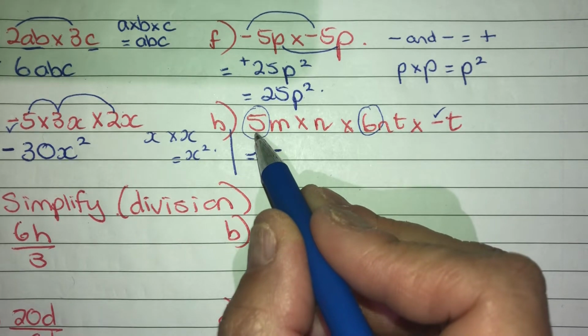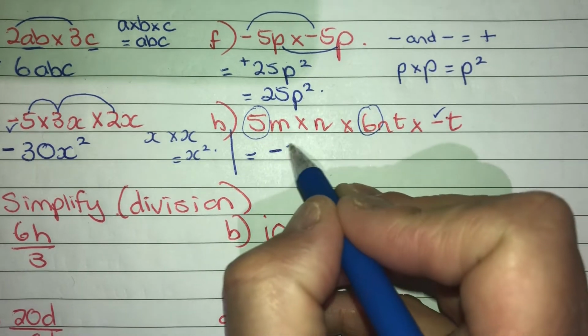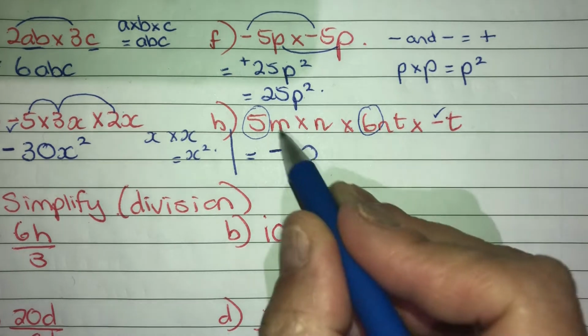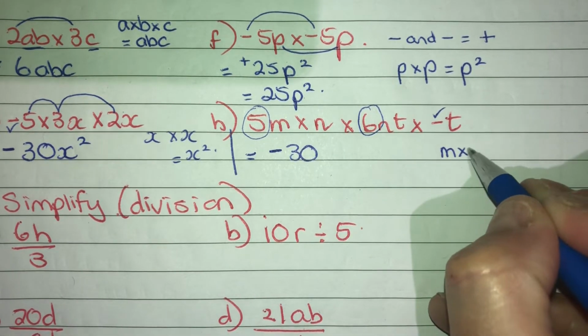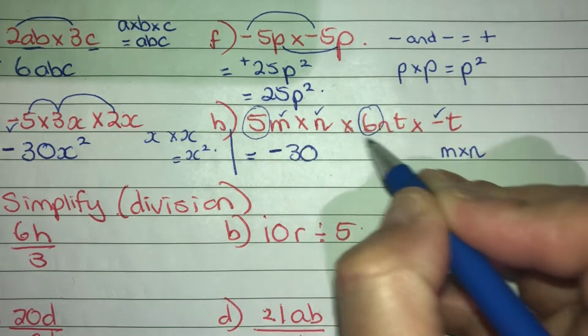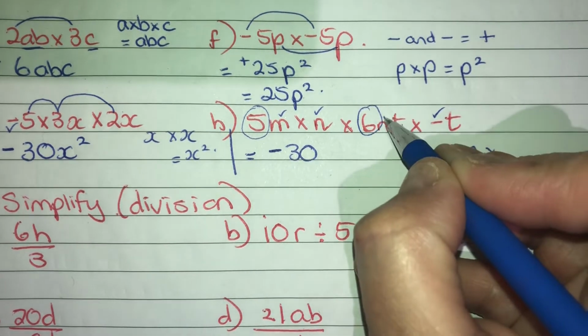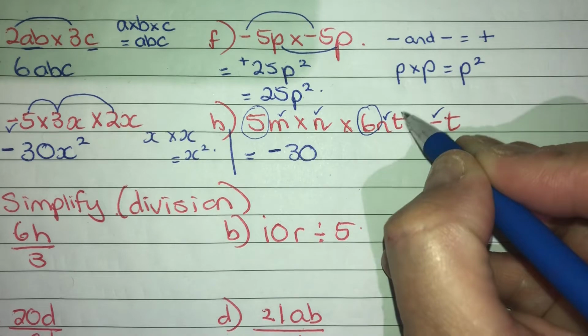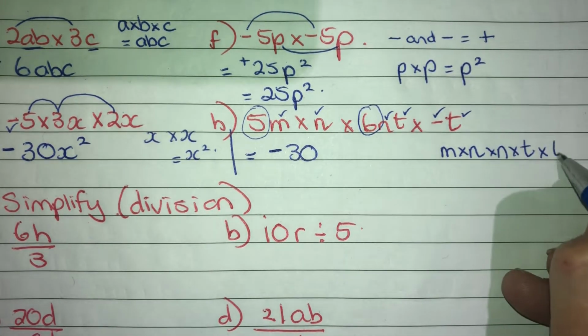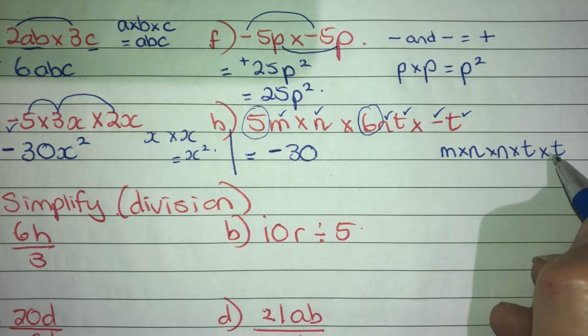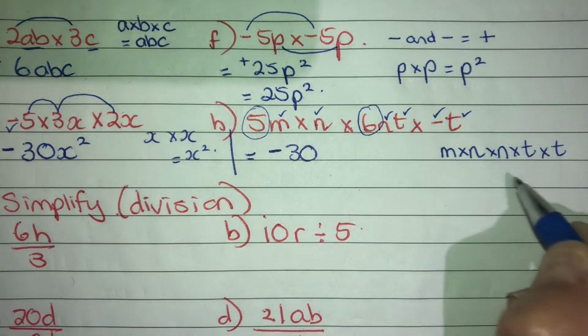Now we're going to do the numbers. 5 times 6 is 30. And now with the letters, we're going to multiply them all together. So you're going to have m times n times n times t times t. And I don't need to put the negative in here because I've already dealt with that out the front.